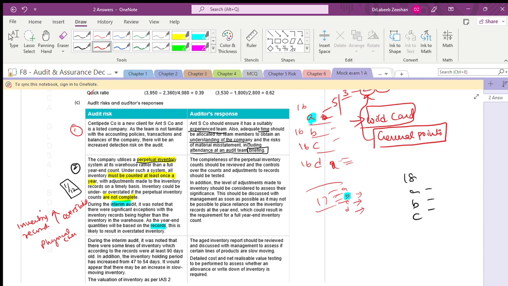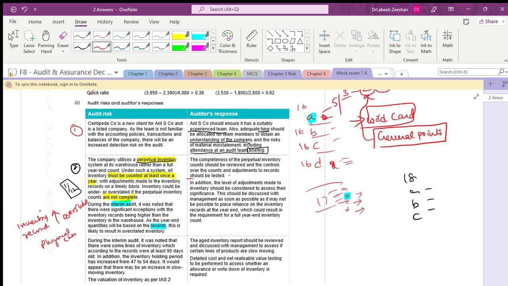What is the response? There are two things. The completeness of perpetual inventory should be reviewed and controls over the counts and adjustments should be tested. Perpetual inventory has to be counted at least once in a year, every stock. Now, what is the response?